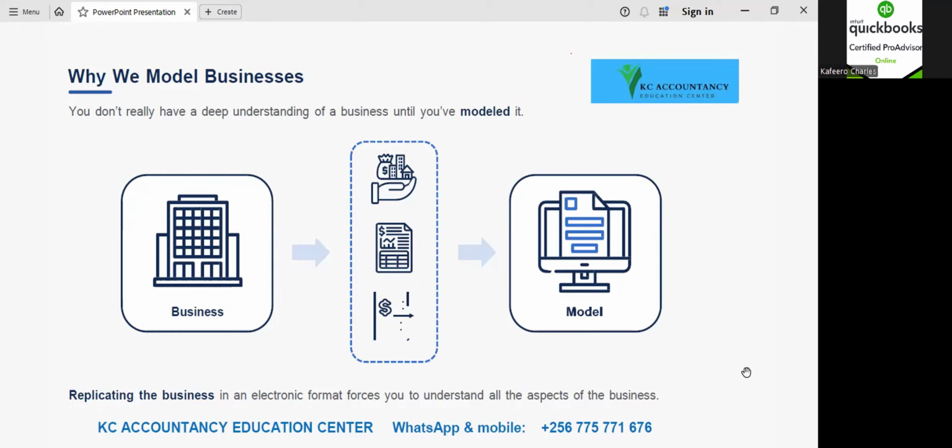So, as I said, we need to first of all think about the reason why we model businesses. So we would start by understanding all the different aspects of the business.